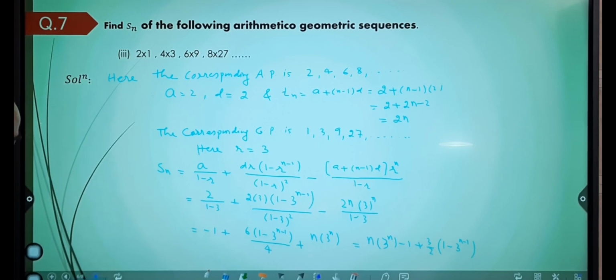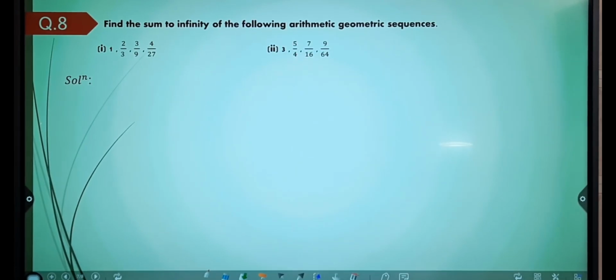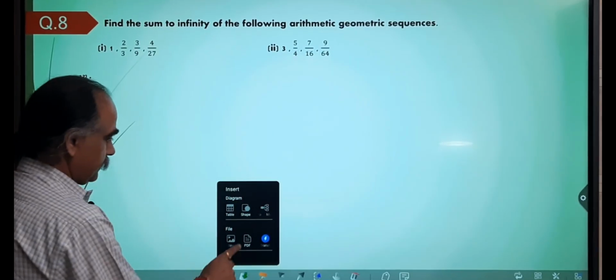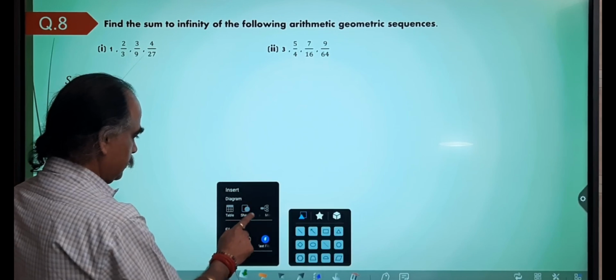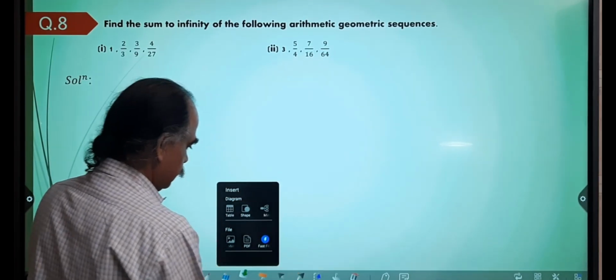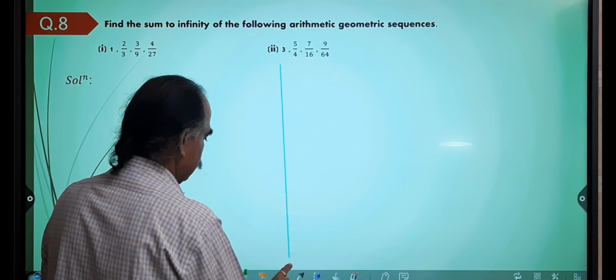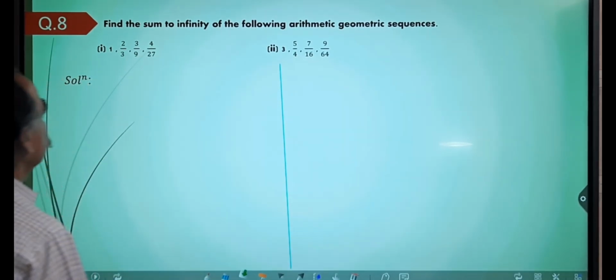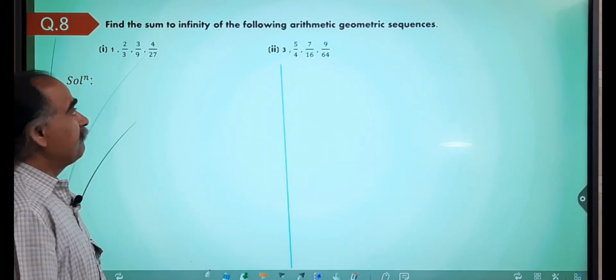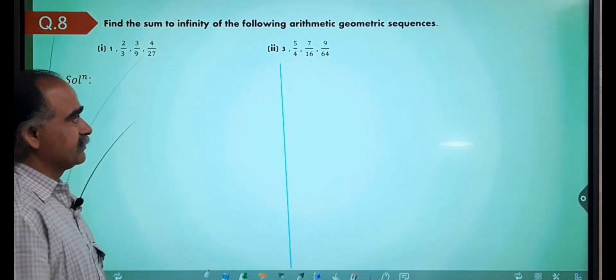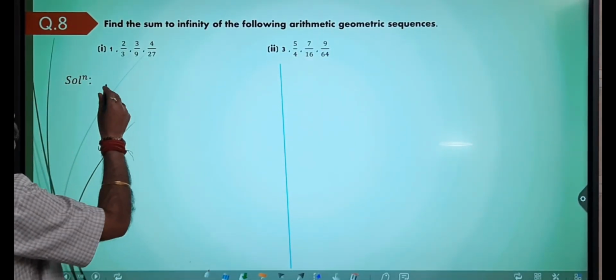See next one. Now this is what? Find the sum to infinity of the following arithmetico-geometric progression. Now we are doing problems on infinite arithmetico-geometric progression. In this, the first example is this.